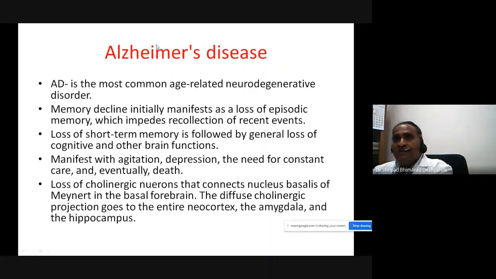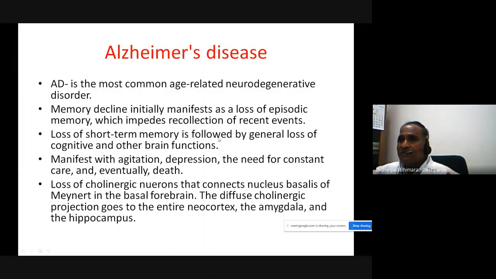Now, coming back to Alzheimer's disease, because it's one of the questions, I will quickly read through these things. It's the most common age-related neurodegenerative disorder, and happens in elderly people. The memory decline usually manifests as loss of short-term memory, especially episodic memory. The person goes for a walk and does not find his house back, so somebody has to help.